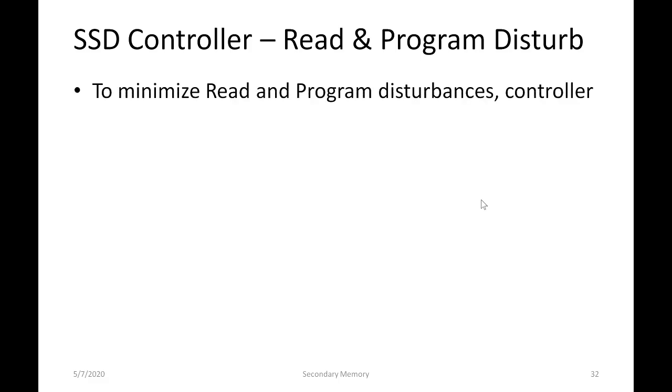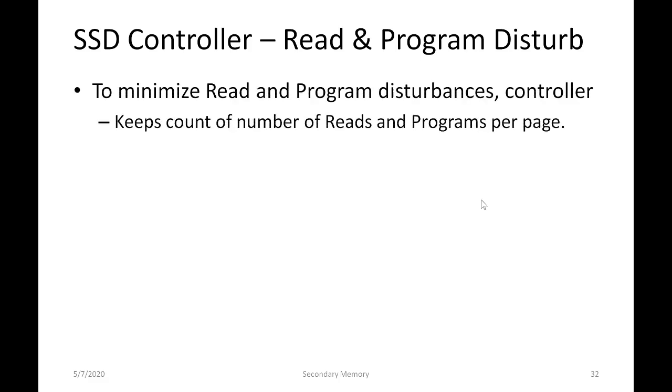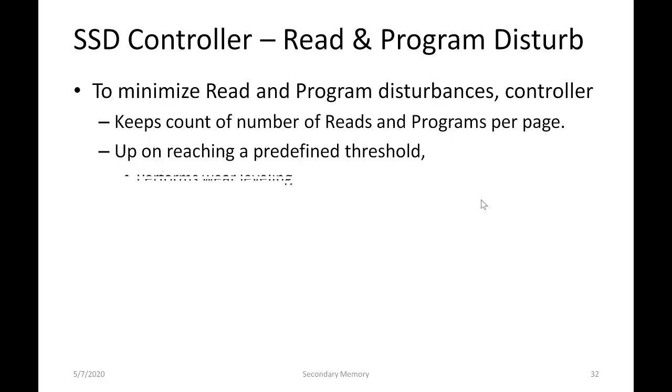So to minimize these disturbances, the controller in general keeps a count of how many reads and programs have happened per page. If this number reaches a predefined threshold, it means that particular page has been used a reasonable number of times. It performs wear leveling.